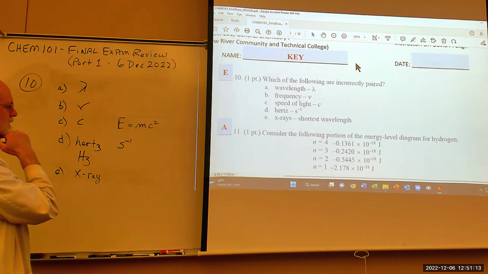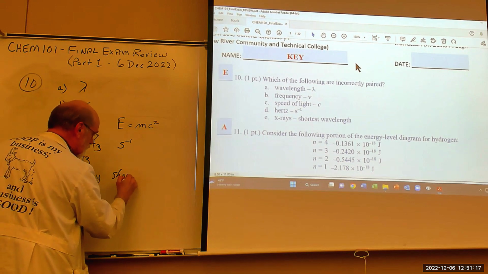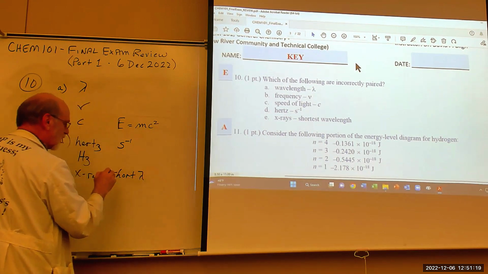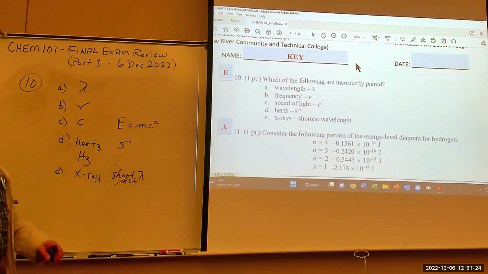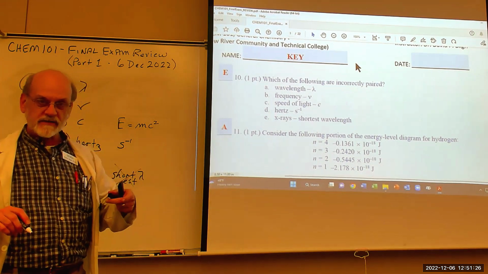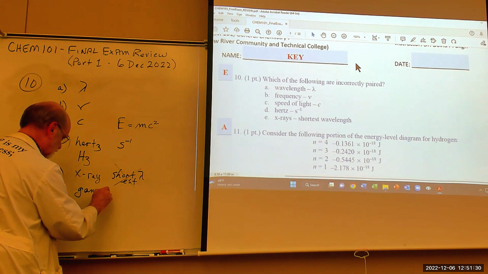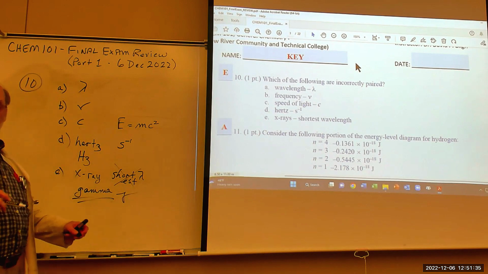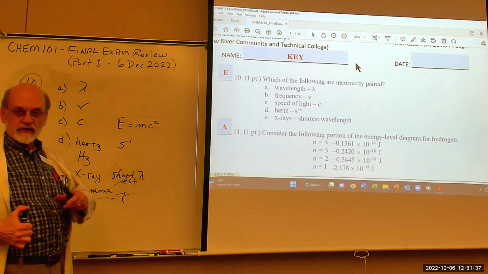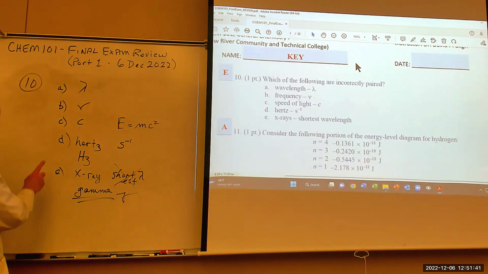Incorrectly paired. Okay. Yes, this is true. Short wavelength, but not the shortest. What has a shorter wavelength than X-rays? Gamma rays. Gamma rays are a much shorter wavelength, which means much higher energy. So E is the incorrectly paired one.